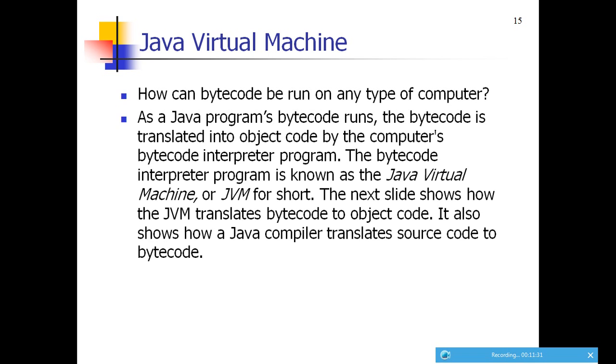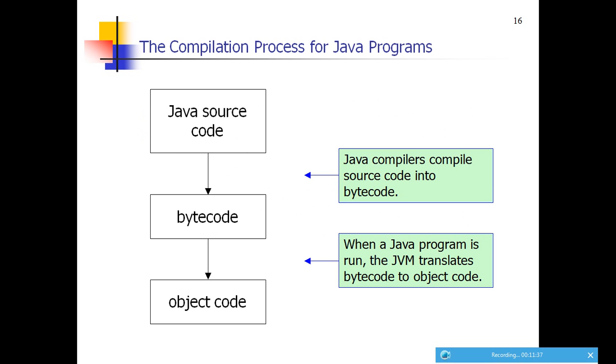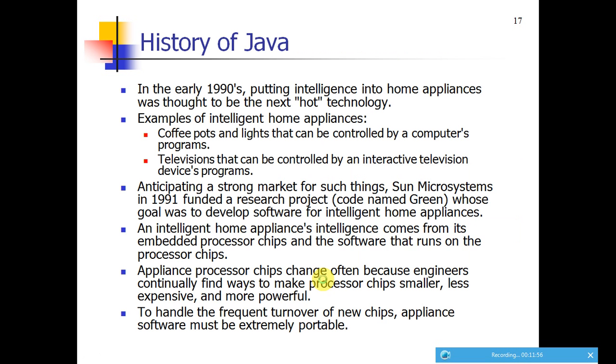It also shows how the Java compiler translates the source code to bytecode. Java source code is converted to bytecode, which is converted to the object code. So the Java compiler compiles the source code to bytecode. When a Java program is run, the Java virtual machine translates the bytecode to object code.